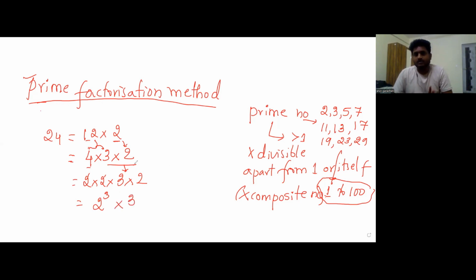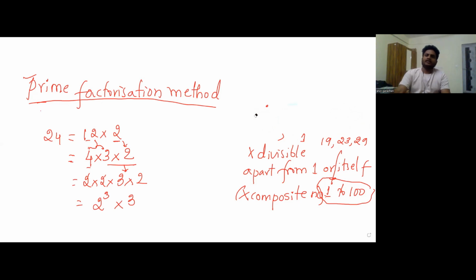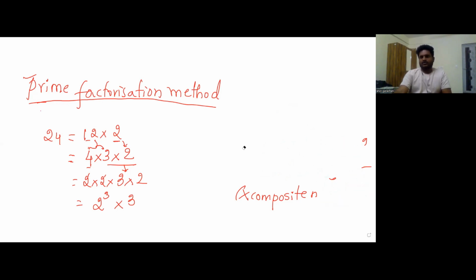Getting this? This is called the prime factorization method. Take down one more number: 20. Follow the same steps and find the prime factors of 20.